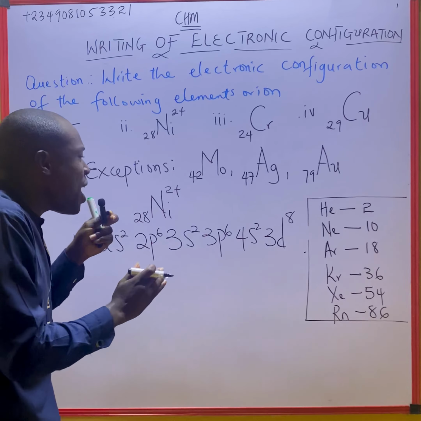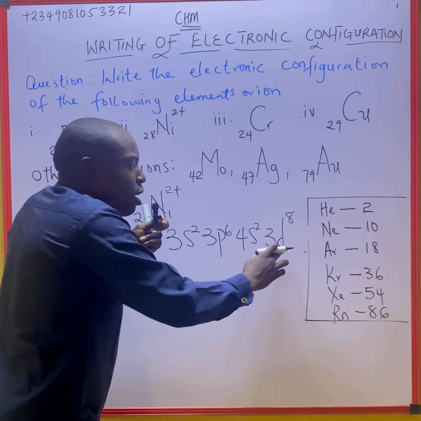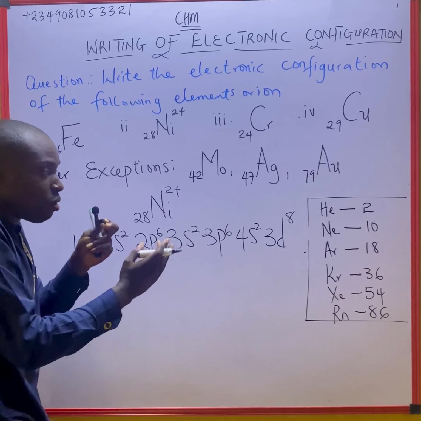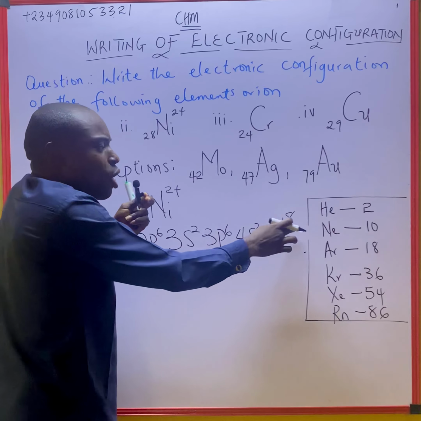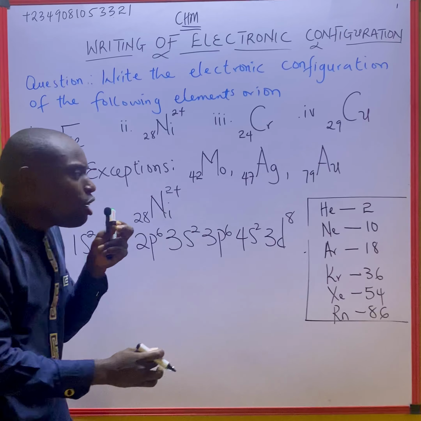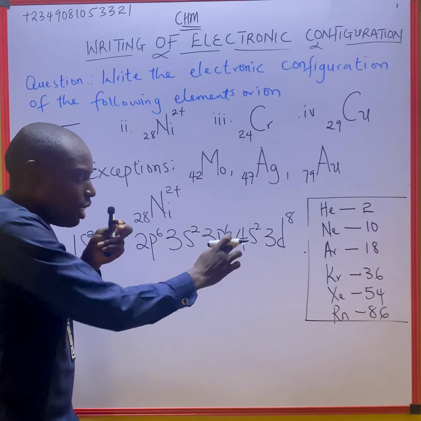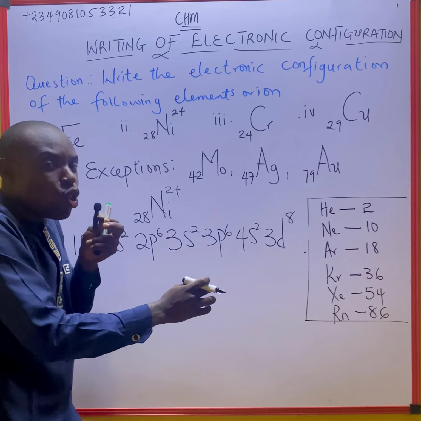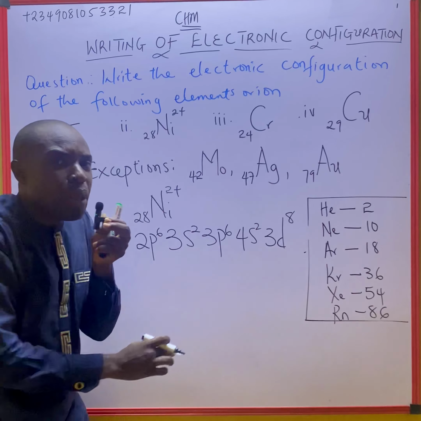They feel that because this d is the outermost orbital, the removal of electrons will come from here. No, electron removal does not come from this 3d. Rather, it is the 4s, because the 4 energy level is greater than 3. So there will be a removal of electrons from the 4s orbital.